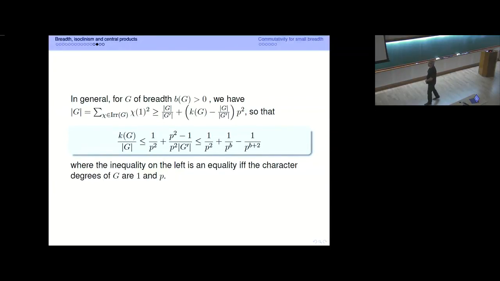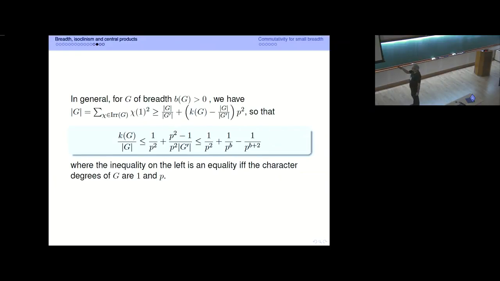If you take the order of G, which is the sum of the squares of the irreducible character degrees, you take the linear characters on one side, and then the other characters that have at least degree P, so their contribution to the sum will be at least K to the G minus order of G divided by the order of G prime P squared. And so out of that, you easily get this bound for the commutativity of G, the bound on the left.